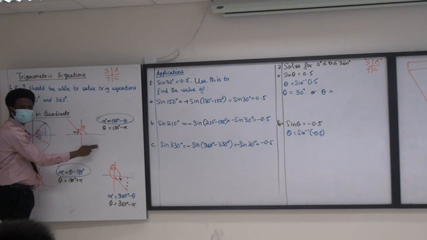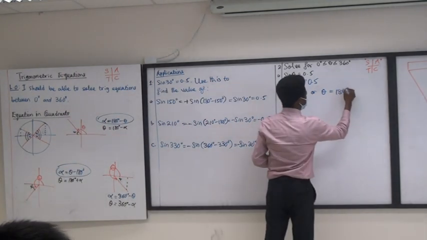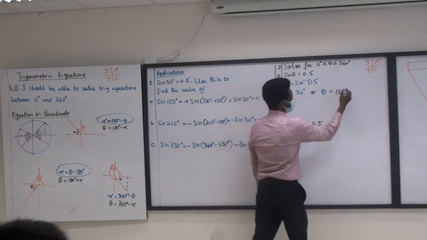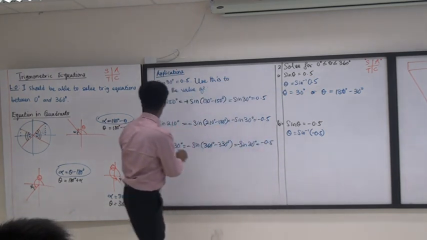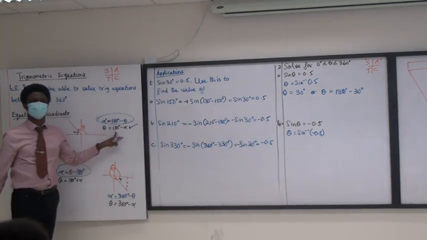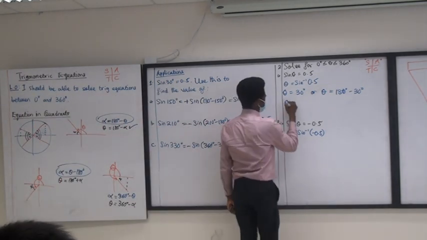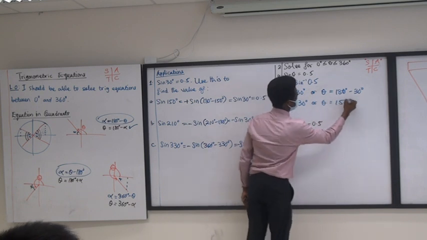So the next thing you will do is 180 minus that answer that is shown in your calculator. Understand that? And you get finally theta is equal to 30 or theta is equal to 150 degrees.